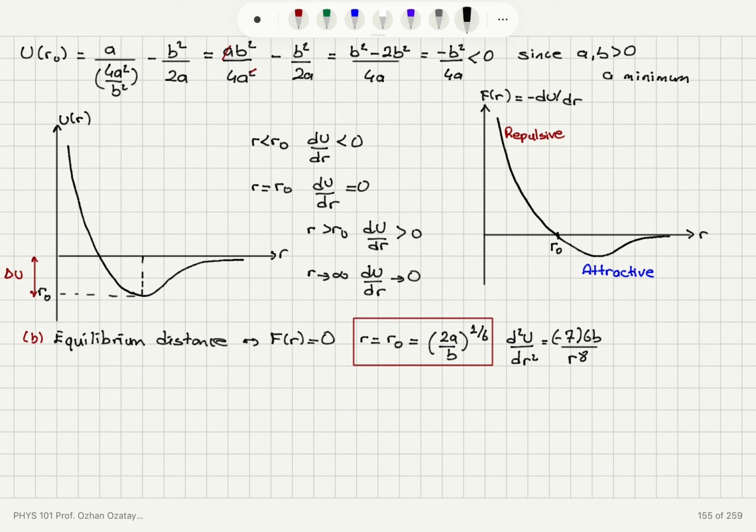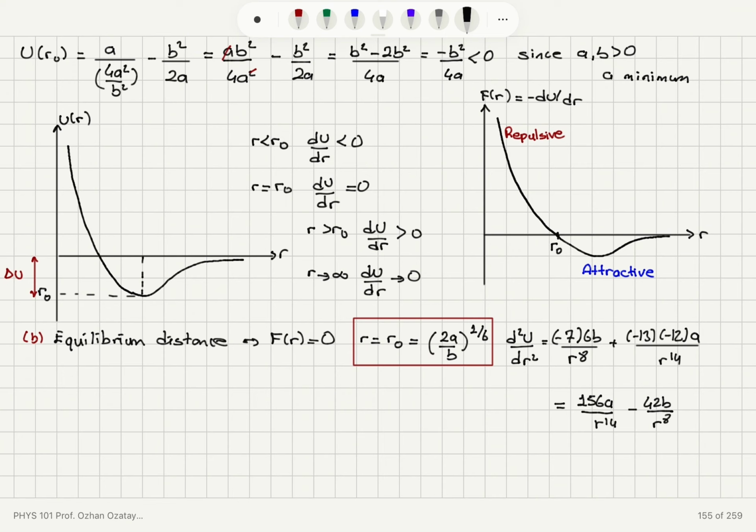So this will give me plus 13 times 12 a divided by r to the 14. So if I calculate this, this becomes 156a divided by r to the 14 minus 42b divided by r to the 8.